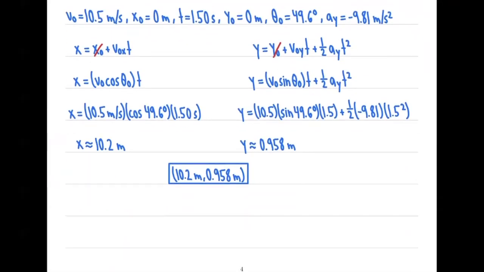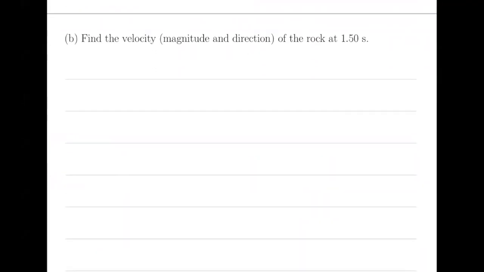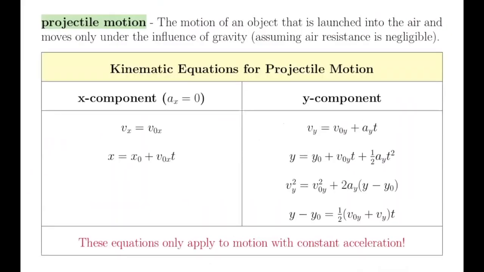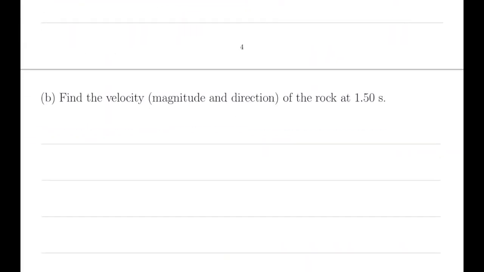All right, let's do part B now. Find the velocity, magnitude, and direction of the rock at 1.5 seconds. Let's go back to our equations. This looks pretty useful for the velocity in the x direction, so we can use that. I'll get to the y component later.